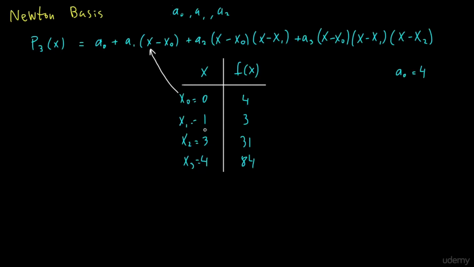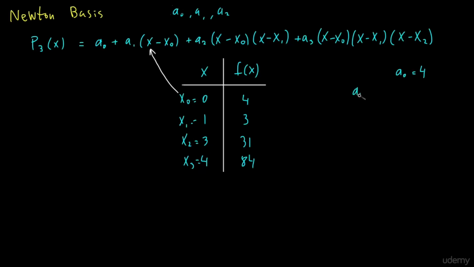Now what happens with x1? x1 is equal to 1. So we take x1 and plug it into the whole polynomial. But you'll notice that here we have x minus x1 where x1 is being plugged in. So this term vanishes, this becomes 0, the whole thing becomes 0. This term also vanishes, we only have the first 2 terms.